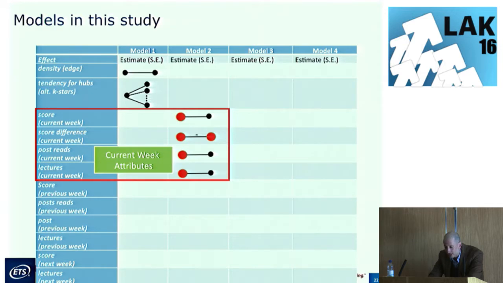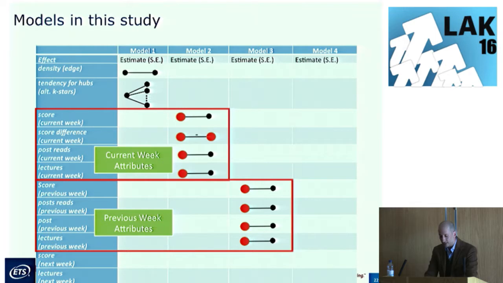We take into consideration how many posts they've been reading and how many lectures they've viewed. So these are the current week attributes. If you look at the paper and you see the numbers, this is what model 2 is. So each model builds on the previous one, and like a regression, you're already controlling for these variables when you add the next set of variables, which is now the previous week attributes.